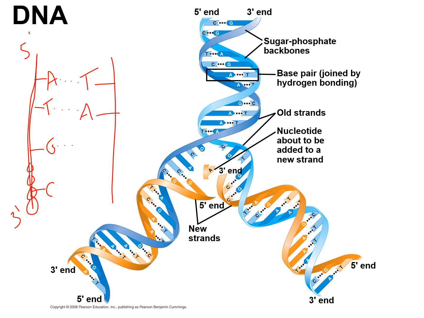Across from the guanine will be cytosine, and across from the cytosine will be guanine. Hydrogen bonds are indicated by dots because individually they're very weak, but all together you get a strong force. The complementary base pairing is adenine and thymine line up across from each other, and guanine and cytosine line up across from each other.